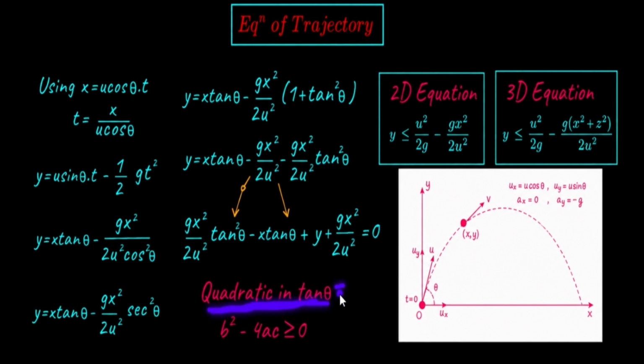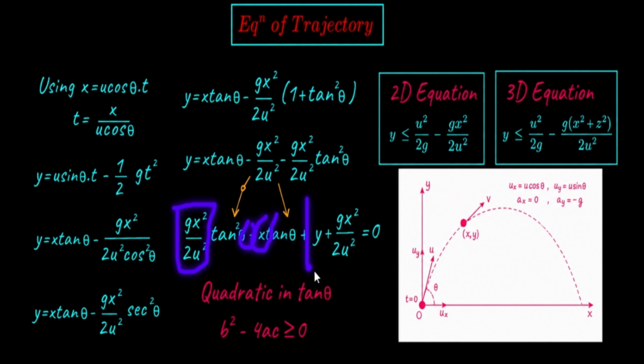This is of the form a t square plus bt plus c equals 0. And I have identified a, b, and c for you. a equals gx square upon 2u square. b equals minus x. c equals y plus gx square upon 2u square.